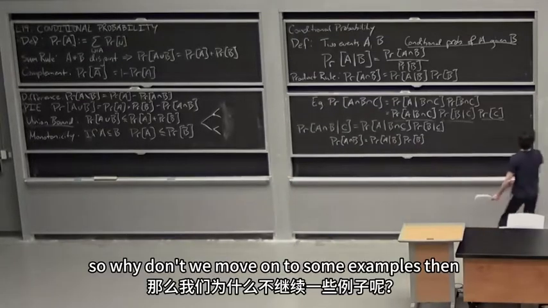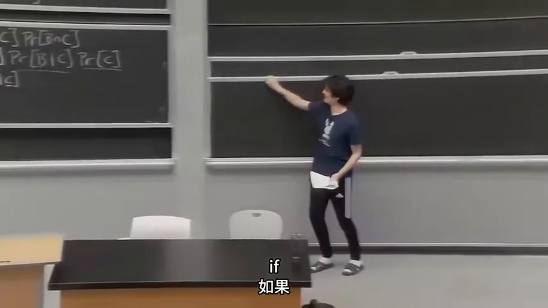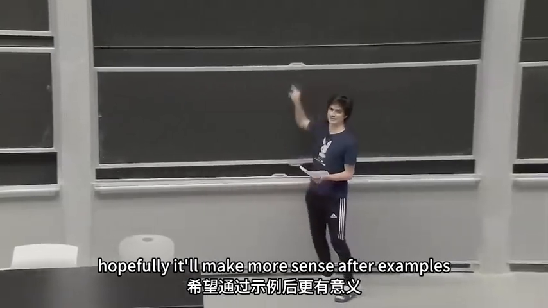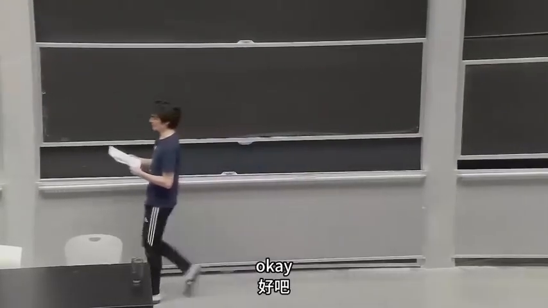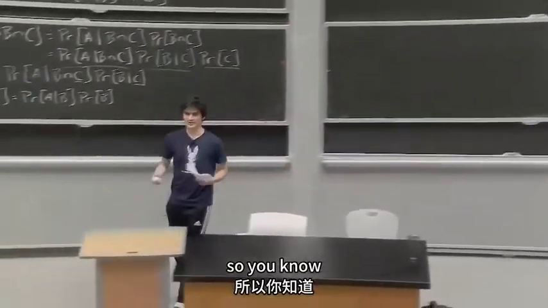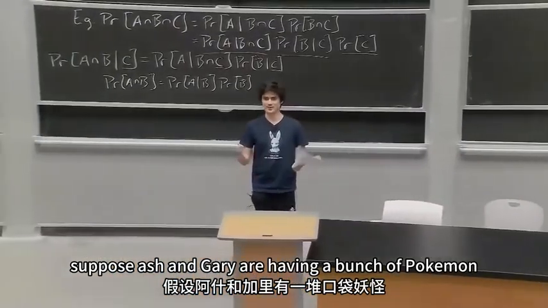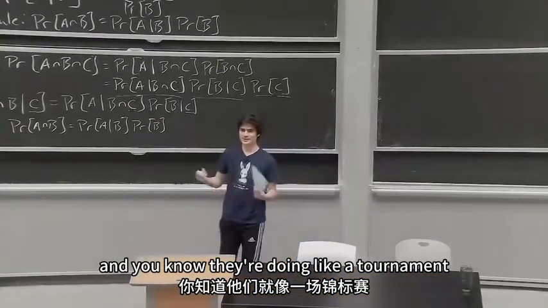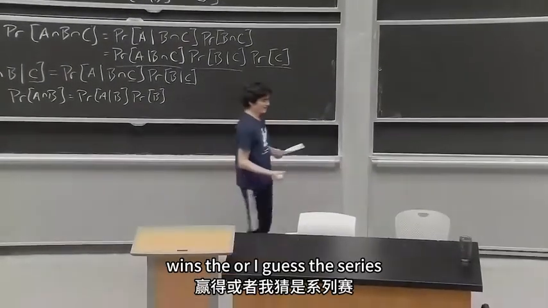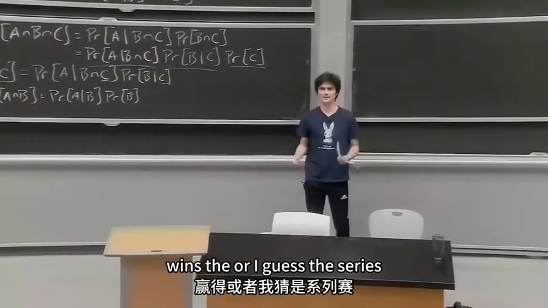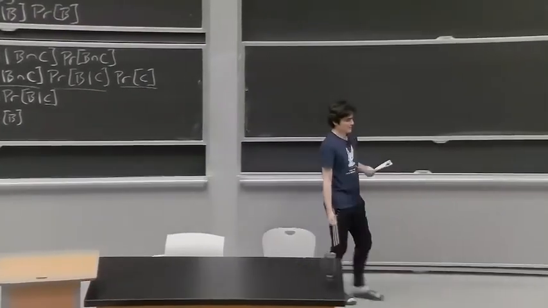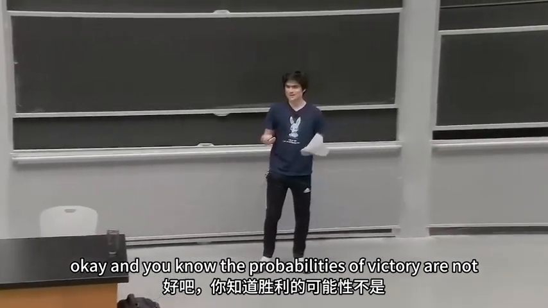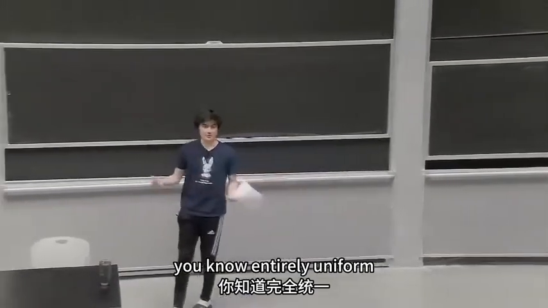Okay, so why don't we move on to some examples, if this makes a reasonable amount of sense. Hopefully it'll make more sense after examples. Suppose Ash and Gary are having a bunch of Pokemon battles against each other, like a tournament. The first to win 2 battles wins the series. The probabilities of victory are not entirely uniform.